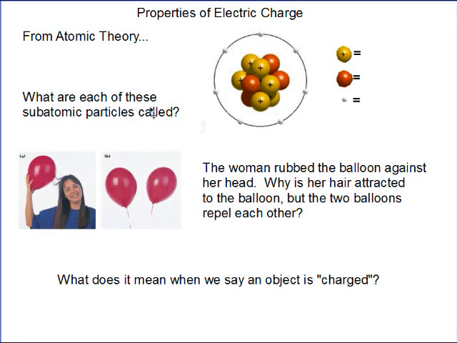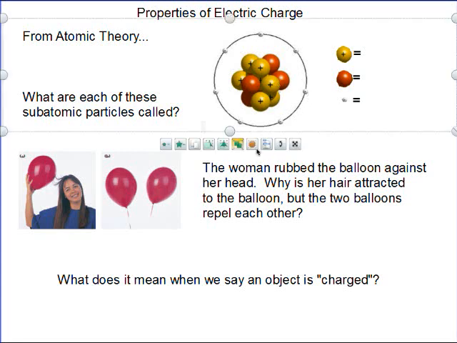From atomic theory, you should know what each one of these subatomic particles is called, and this is a picture of an atomic nucleus. We've got some of these positive charges in the nucleus. We've got some of these orange objects here that don't seem to carry a charge, and then we have these things that are floating around the atom, if you will. And you probably remember what these things are called.